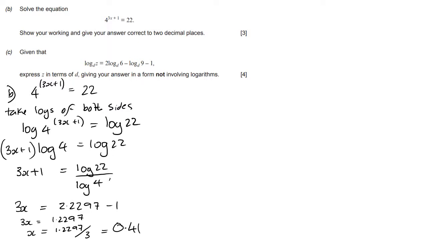For the second part, part C, put up here, we are given that log to the base d of z equals 2 log d of 6 minus log d of 9 minus 1. You basically want to write this as log to the something on the left hand side equals minus 1 in this case, or if there's a number equals the number, so that you can take it out of that log.